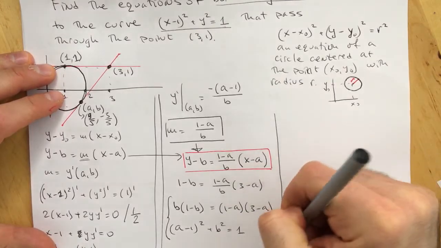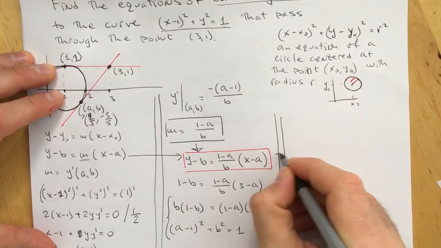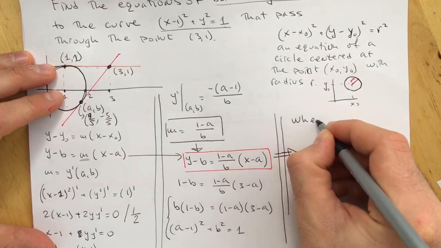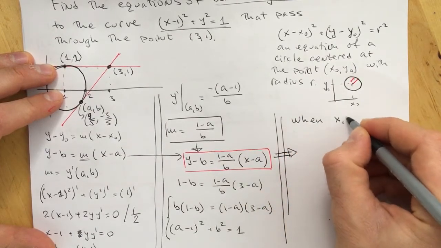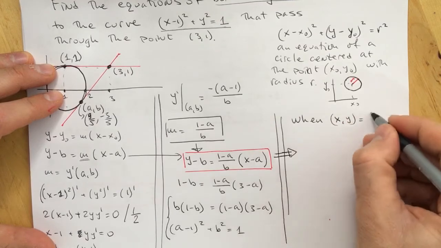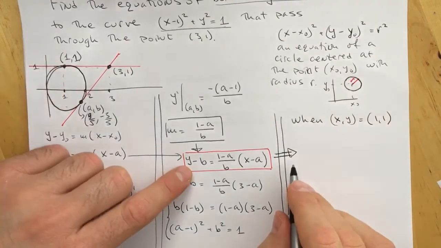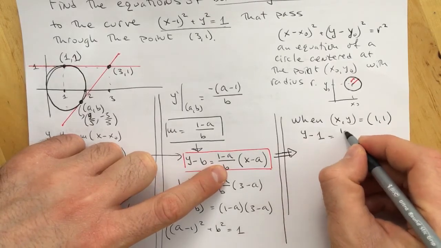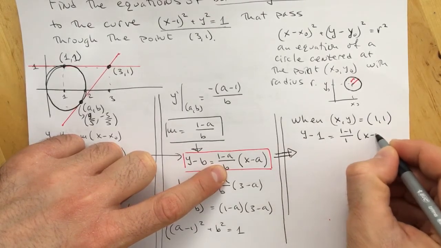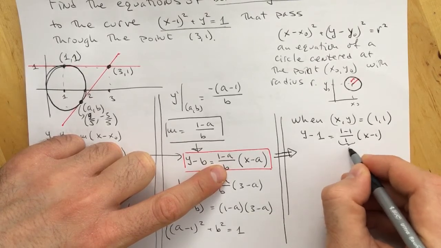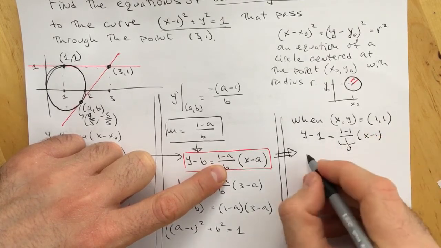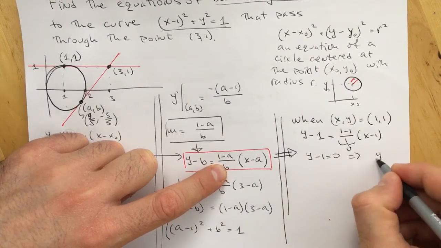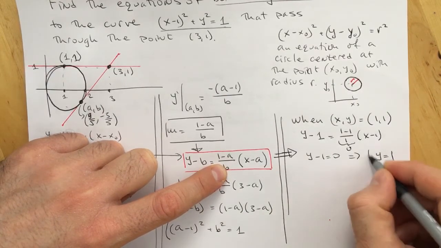So from here, when A, B is equal to 1, 1, what do we get? I get y minus 1 is equal to the slope, 1 minus 1 over 1, times x minus 1. 1 minus 1 is 0, which makes this whole thing 0. y minus 1 is equal to 0. So the first equation of the tangent line is y is equal to 1.